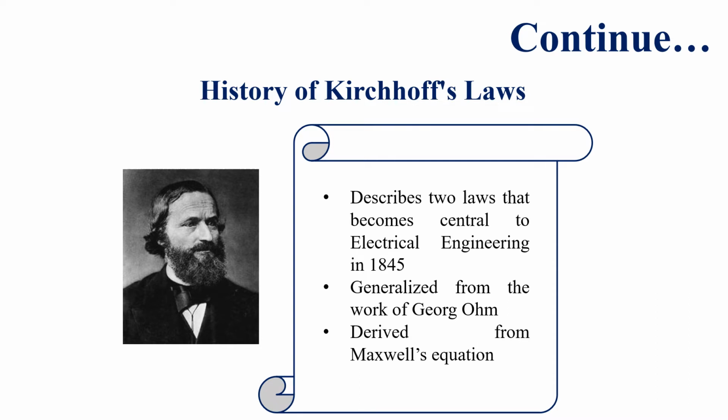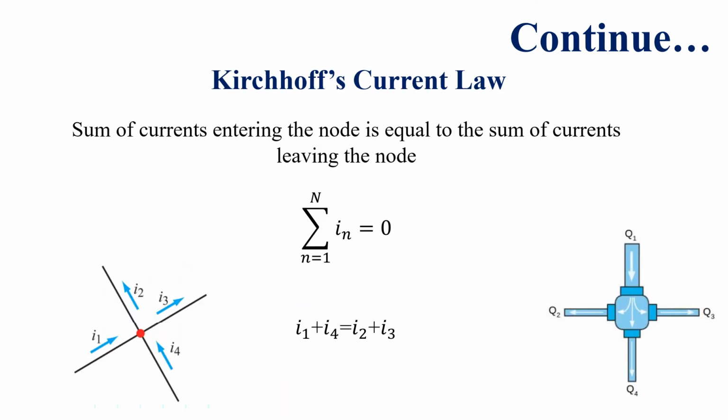They are generalized from the work of George Ohm and can also be derived from Maxwell's equations, but were developed prior to Maxwell's work. Kirchhoff's current law states that the sum of currents entering the node is equal to the sum of currents leaving the node. In other words, the algebraic sum of all the currents entering and leaving the node must be equal to 0, as we can see in equation number 1.